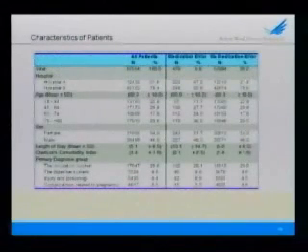This table just shows characteristics of our study patients.